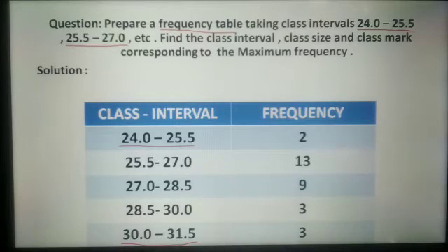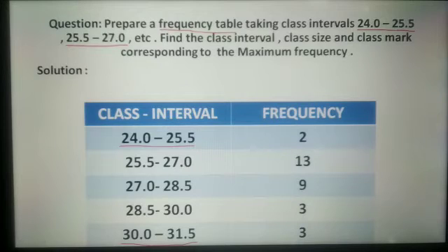In the class interval 24.0 to 25.5, 24.0 is the lower limit and 25.5 is the upper limit. If the last class is 30.0 to 31.5, then it includes the maximum value, which in this question is 30.4.